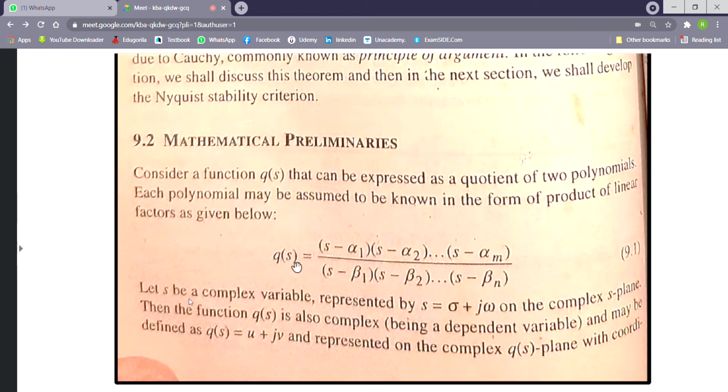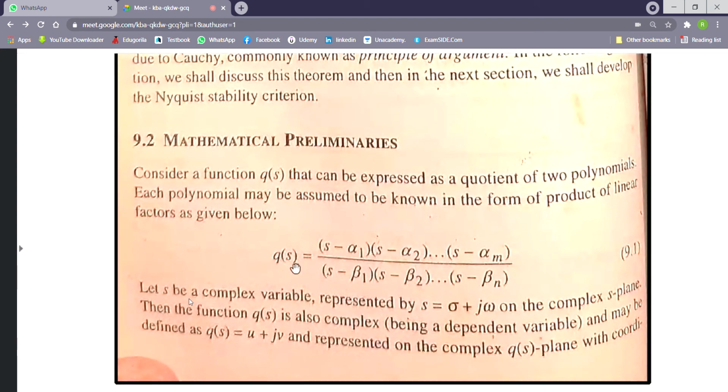Is the statement correct? 100% correct. What was the statement? Let me first repeat the sentence. For any value of S, Q(S) will be complex. That is the statement.